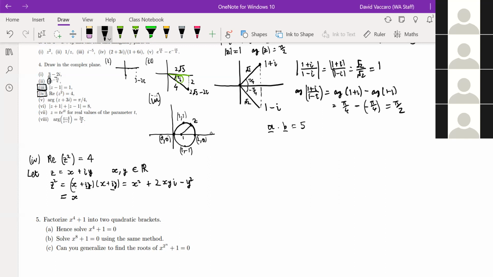We can now collect the real terms, which is x squared minus y squared, and the imaginary terms, which are 2xy times i. And we want the real part of z squared, which is this term, x squared minus y squared.